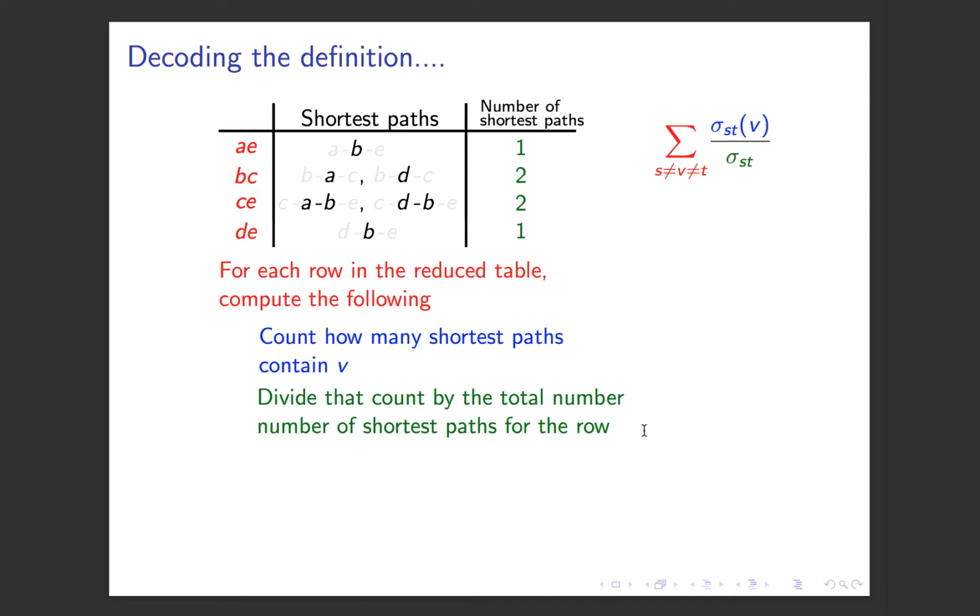You'll notice that as we built our reduced table, we kept track of, row by row, the total number of shortest paths. So this division is essentially going to just look into a separate column of our reduced table. The last thing we do, now that we have computations for each row inside of our reduced table, is add up all of those computations together.